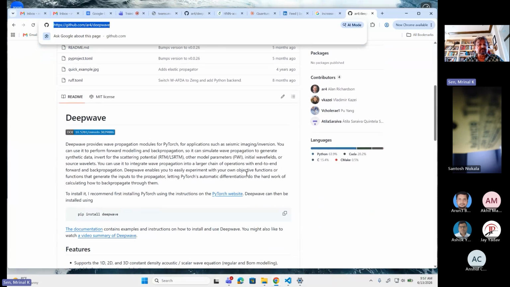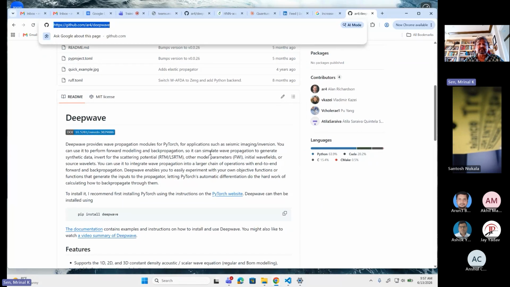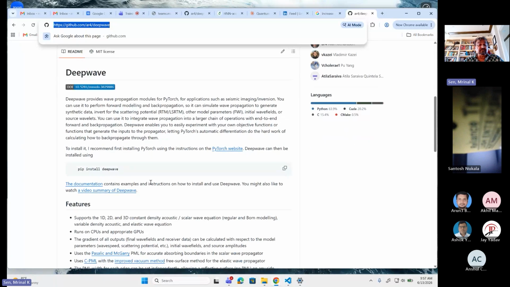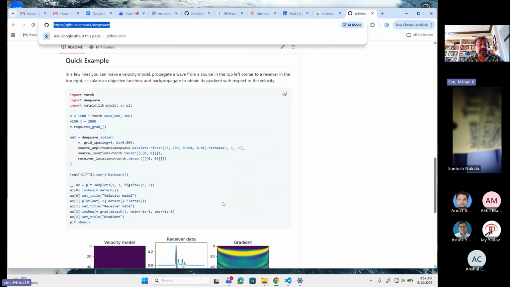It tells you that it provides wave propagation modules for PyTorch for applications such as seismic imaging, inversion, and so on. So all you have to do on Unix machines is just do pip install. You can also install it on some other systems. I'm running it mostly on Unix machines. And here is a nice example of how it works.